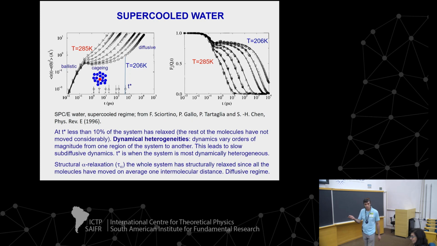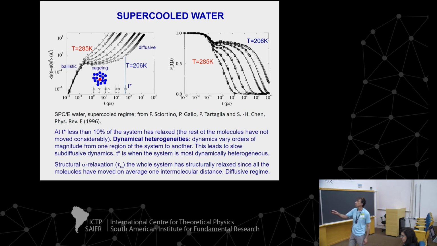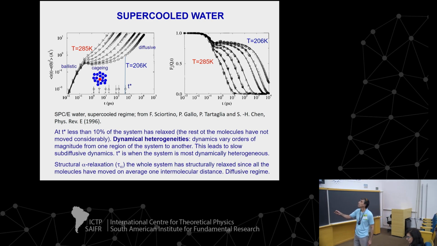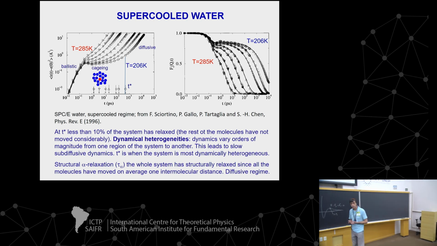I'm sure Paola is going to explain this in great detail, but what we have here is the mean square displacement function for the system, and we have three regimes, as was mentioned by Paola before. We have a ballistic regime when the molecules find that they are caged by their first neighbors.